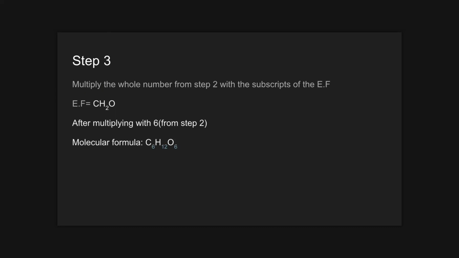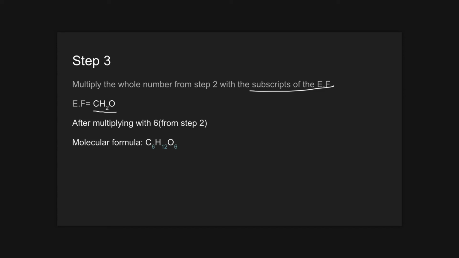Now you're going to take this whole number. In step 3, you're going to multiply the whole number from step 2 with the subscripts of the empirical formula. In this particular example, you will take 6 and multiply each of the subscripts.